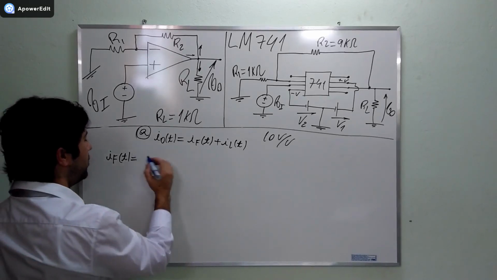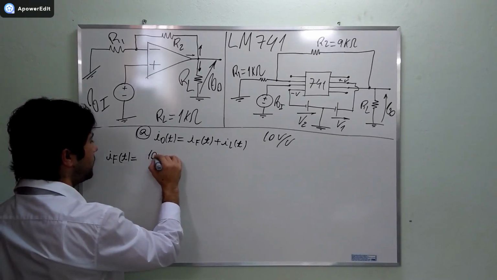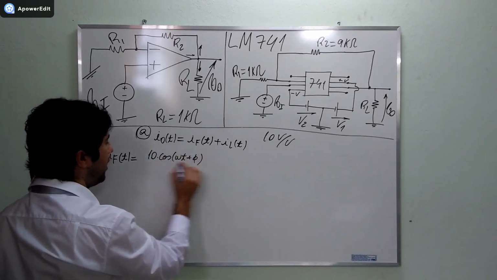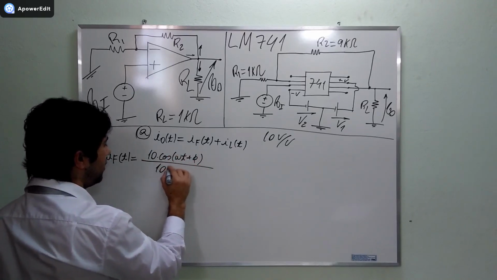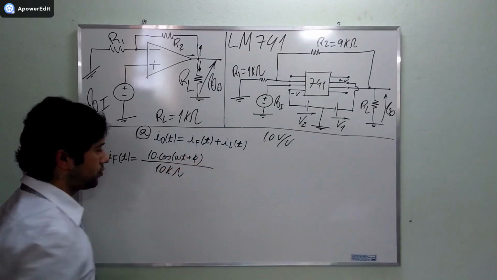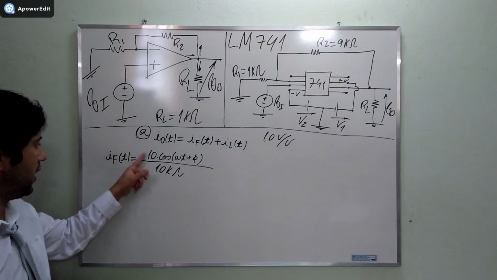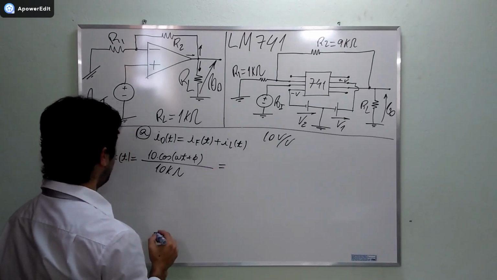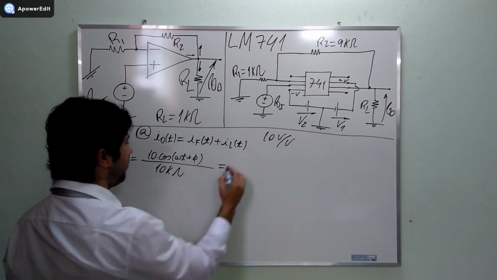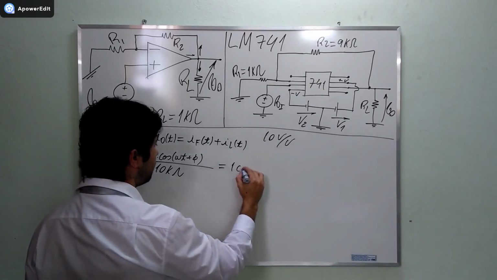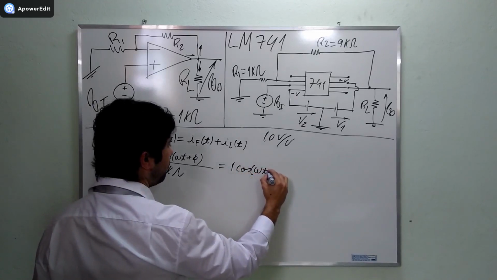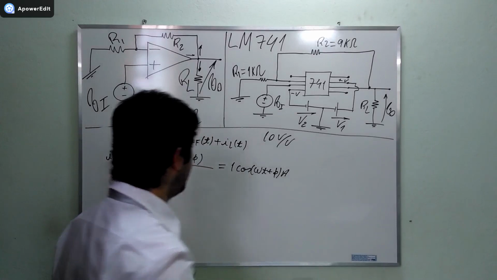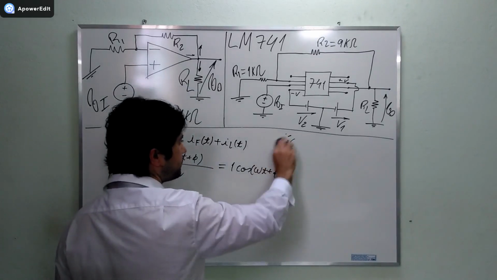Then it's going to be equal to 10 times the cosine Wt plus phi divided by 10 kilo ohms. 10 divided by 10 is 1. Then we know that IF is 1 times the cosine Wt plus phi amperes. This we know.